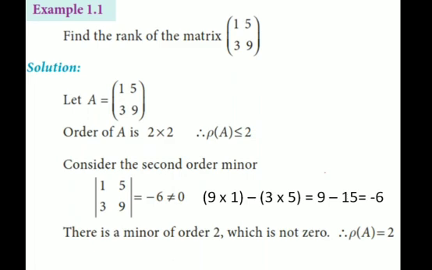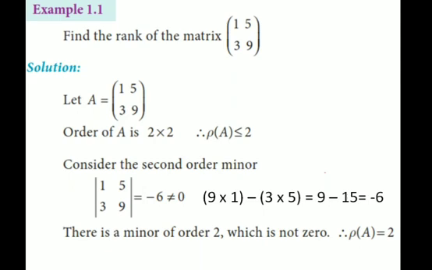This way is the column, this way is the row. So A is a 2 into 2 matrix. Therefore, rank of A is less than or equal to 2.